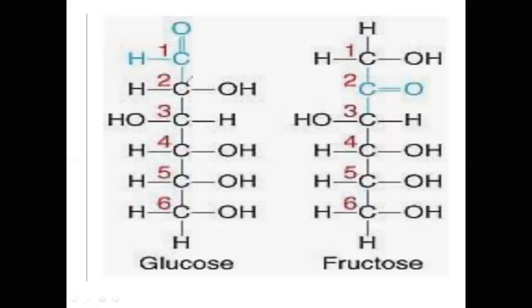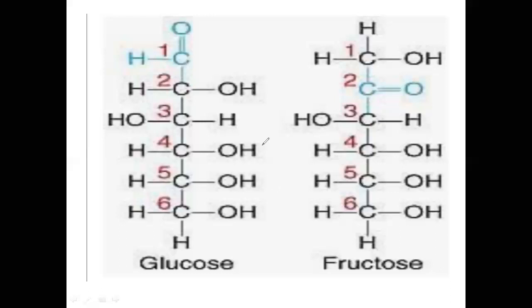Then draw the carbonyl carbon atom. We have to draw it at carbon number 1 for glucose because it is an aldehyde, while for ketone, the hydroxyl group will be present above as well as below the plane. But we have to draw the long chain of carbon atoms first.